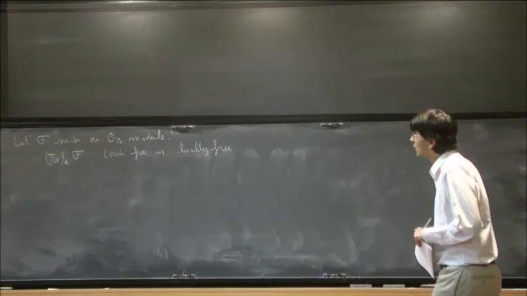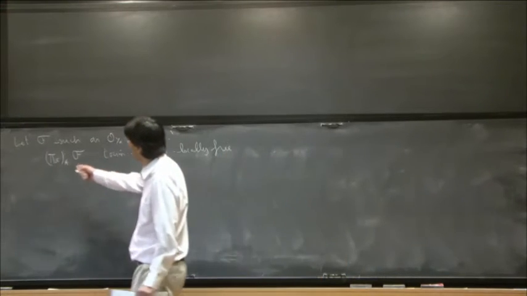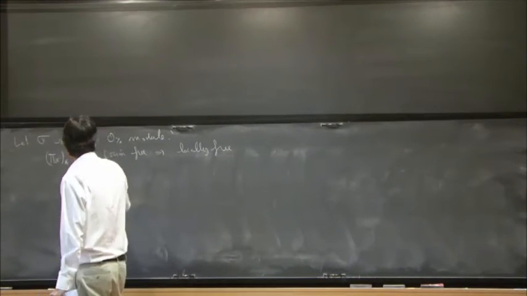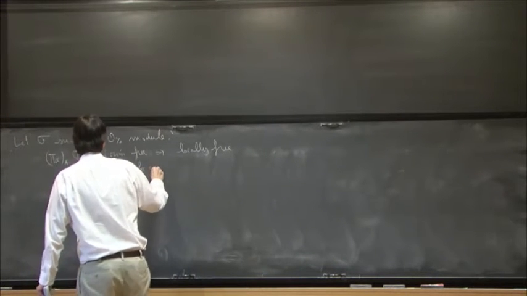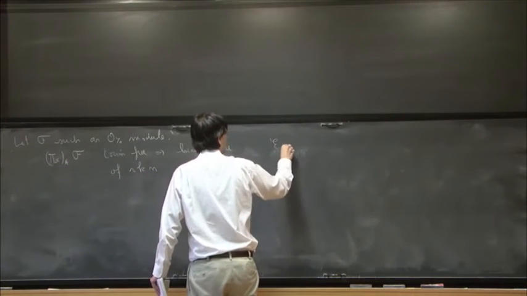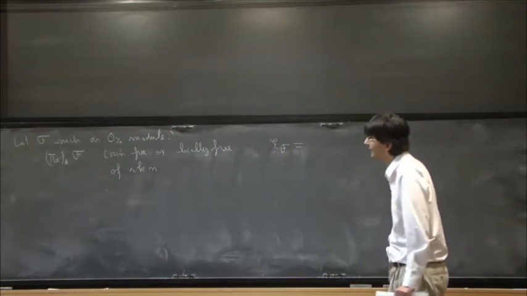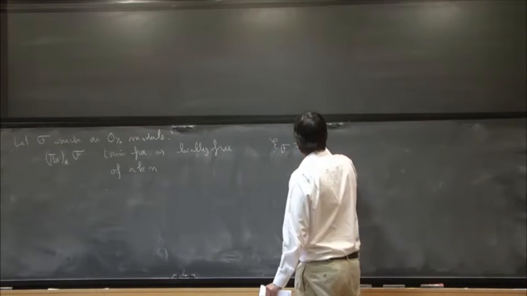So this is locally free, and because F is of rank 1, this guy is of rank n. So this is half a Hitchin bundle.